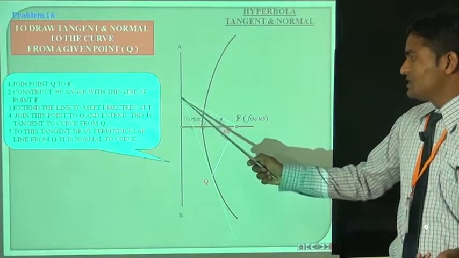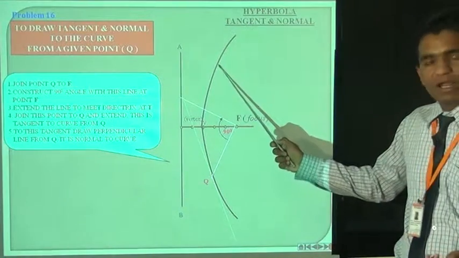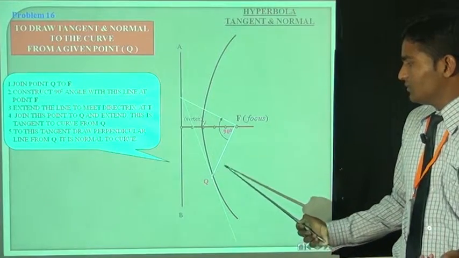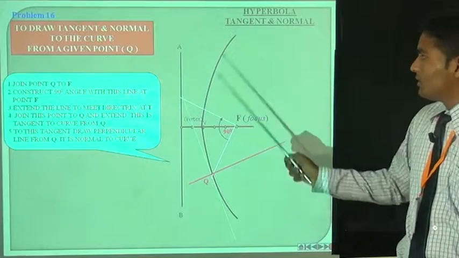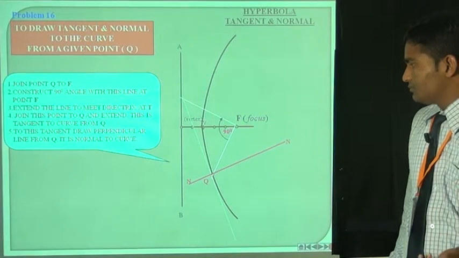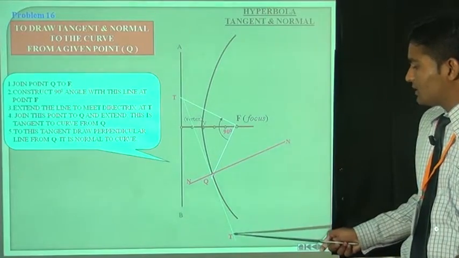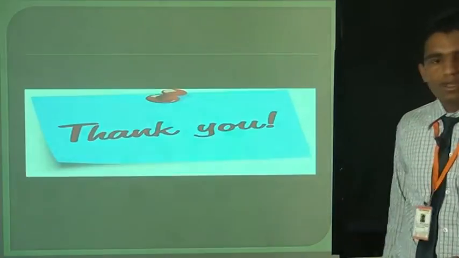Draw the line which passes through the point Q. This is the tangent of the hyperbola, and draw the line which is perpendicular to this line. It is the required normal of the hyperbola. So this is the required tangent of the hyperbola, and this is the required normal of the hyperbola. Thank you.